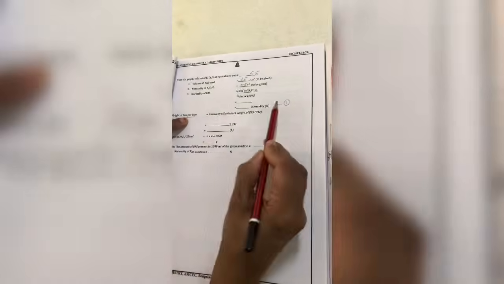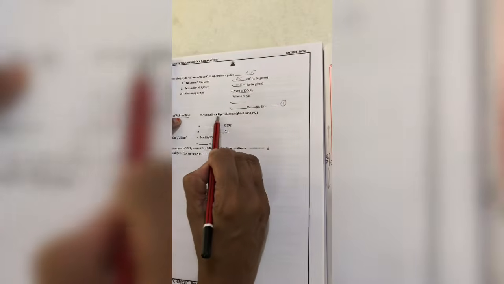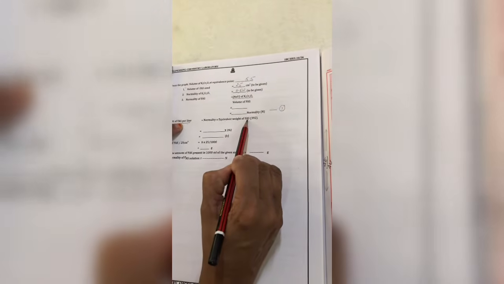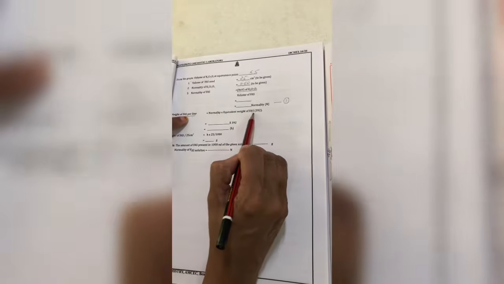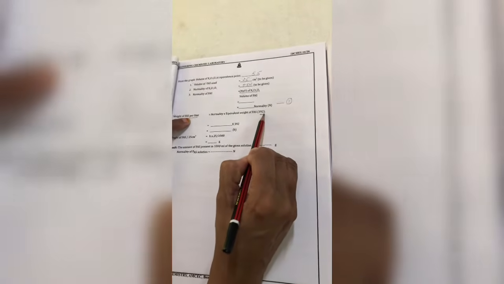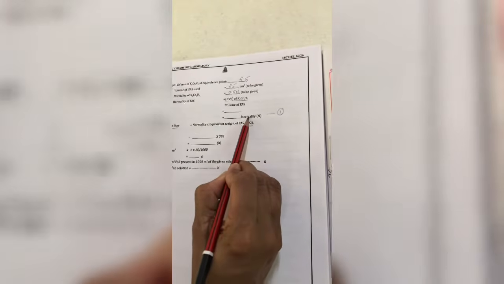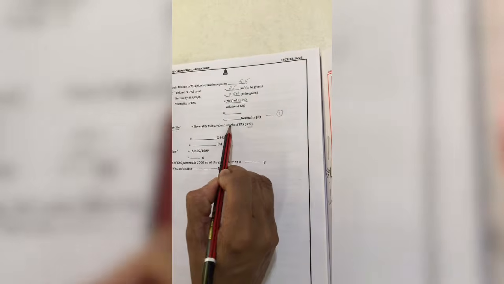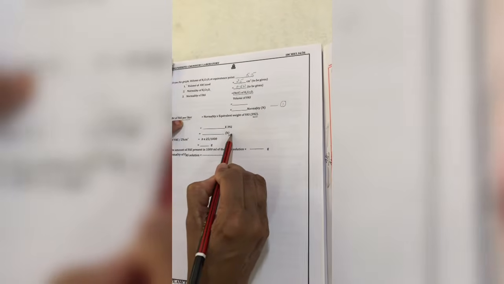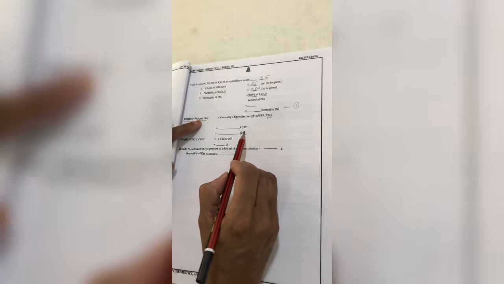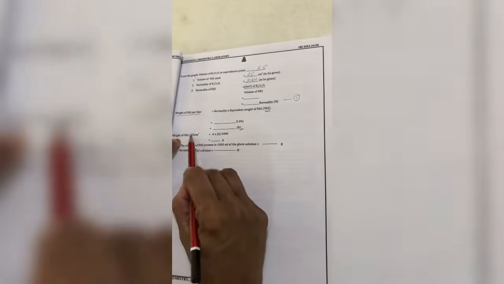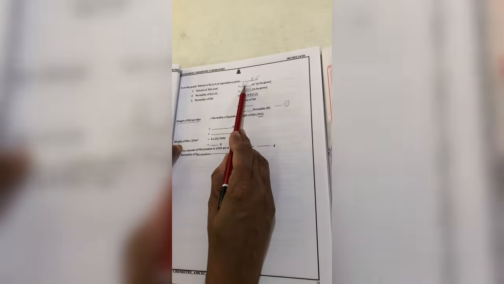From the normality of FAS, you find out the weight of FAS per liter. You get it by multiplying the normality with the equivalent weight of FAS. You have to remember this equivalent weight: it is 392. If you multiply the normality with the equivalent weight, you get the amount in grams per liter, but you have to calculate for the 25 ml taken.